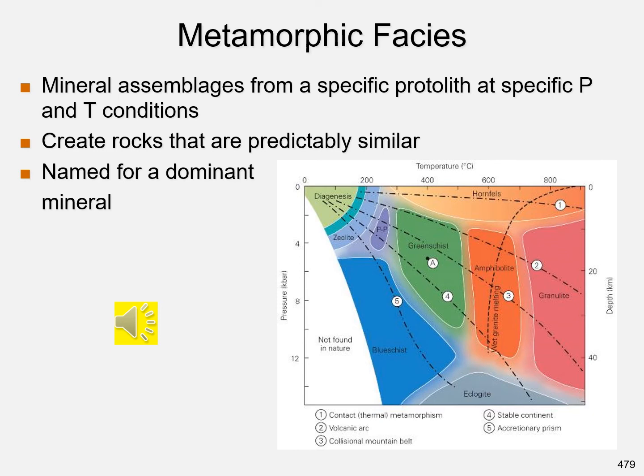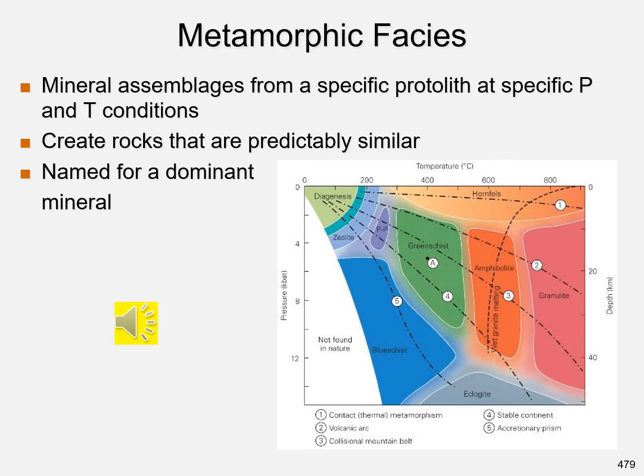We can represent the approximate conditions under which the rocks of a metamorphic facies form by using a pressure-temperature graph. Each area on the graph labeled with the facies name represents the approximate range of temperatures and pressures in which mineral assemblages characteristic of that particular facies form.